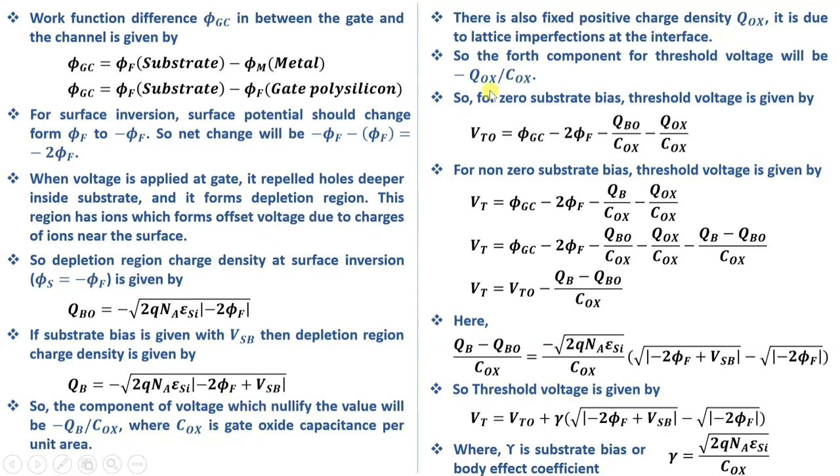And fourth is due to fabrication imperfection, which results in lattice imperfection at the surface that generates a potential of minus QOX divided by COX. So that is how four different potentials result in the threshold voltage, which is the minimum voltage required to form an inversion layer in a MOS structure.